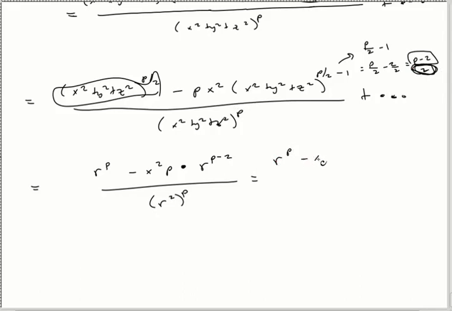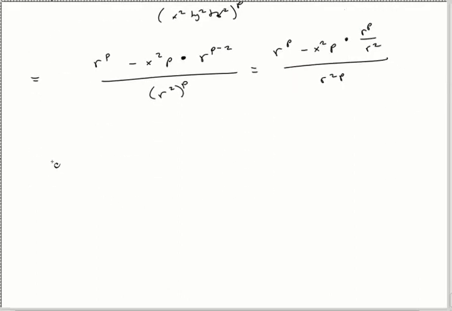R to the p minus x squared p, and then this technically here is r to the p over r squared. That's really what I wanted to do. R to the 2p there. If you want to push that into the denominator, notice that you're going to have the same common denominator for both of them.